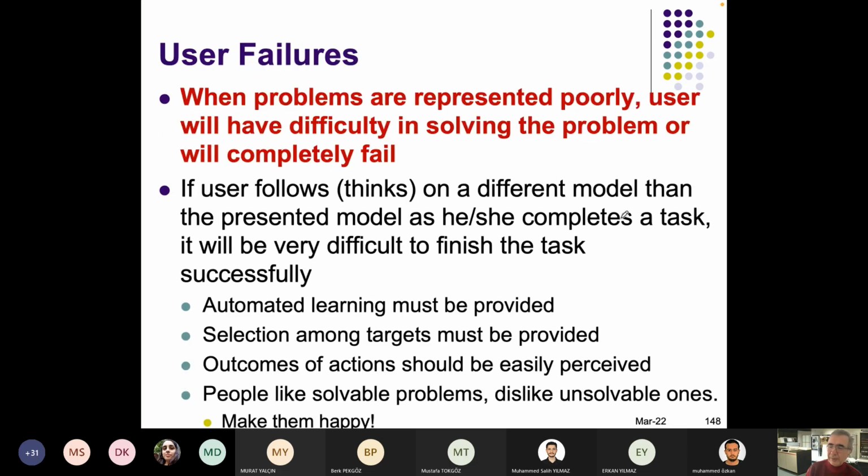We want to solve problems. Users want to work. People want things done. In order to get things done, you need to represent the problem. If the problem is represented poorly, the user will have difficulty solving the problem or completely fail.